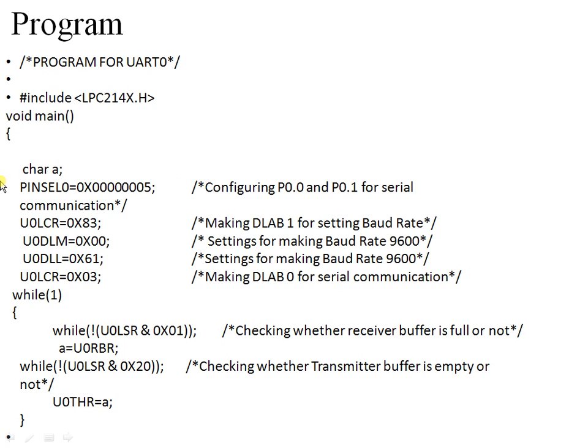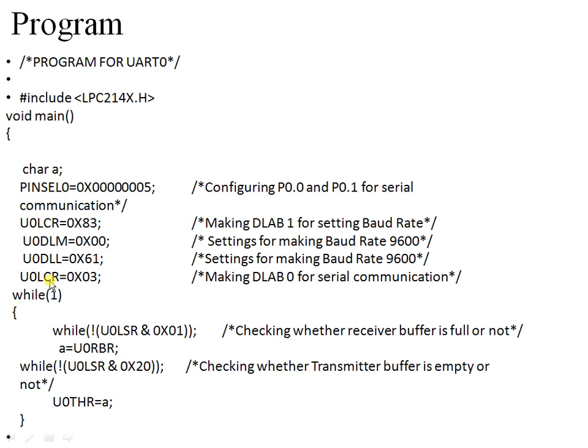So I'm taking one character variable and configuring P0.0 and P0.1 to act as TX and RX, and then enabling the divisor latch, along with using 8 bits per single character, and then writing some values into the DLL and DLM registers, which are used for generating the baud rate.